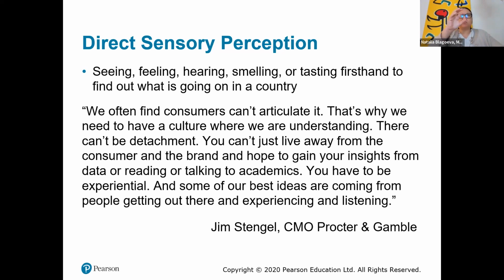It's called here seeing, feeling, hearing, smelling, or tasting firsthand to find out what's going on in a country. So we don't just read about it. We have to be experiential. So we need to go and try things. And Jim Stengel says some of the best ideas are coming from people getting out there and experiencing and listening.